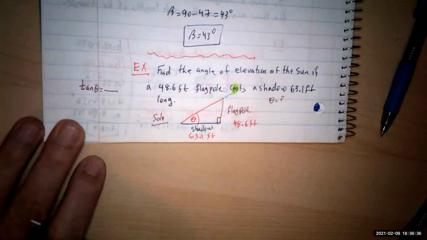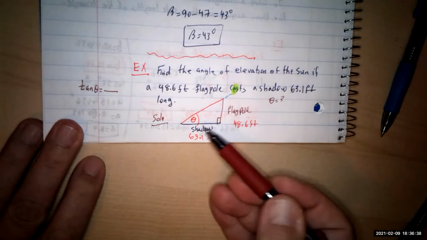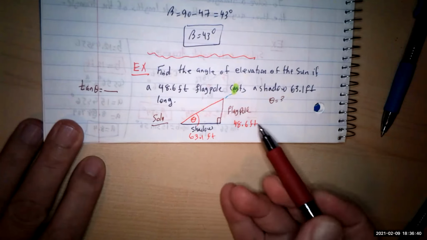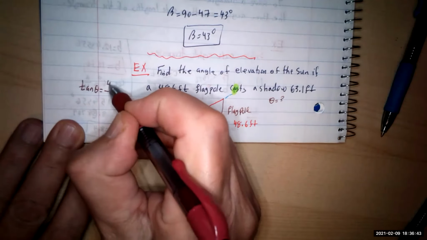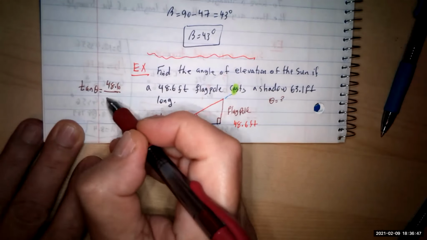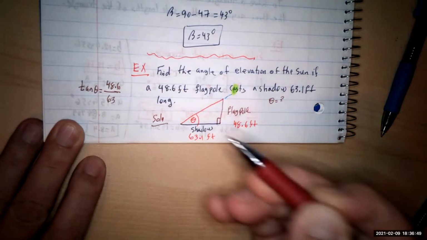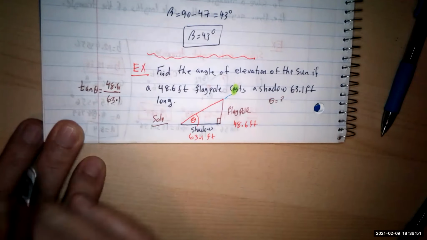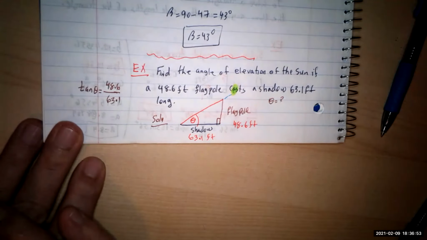The tangent is going to be the opposite over the adjacent. So the opposite is 48.6, and the adjacent one is 63.1. Again, you have to use a calculator to get this number.